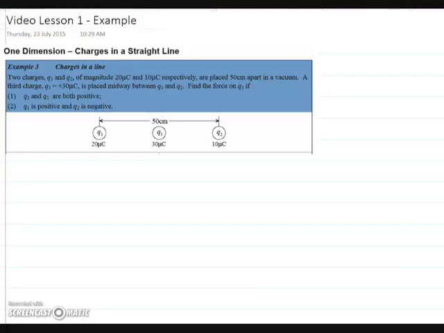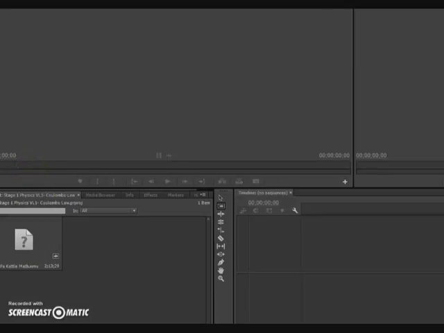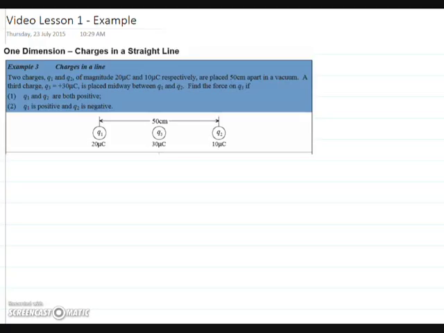So first of all, we know Q1 is equal to 20 microcoulombs, which is equal to 2.0 times 10 to the neg 5 coulombs.